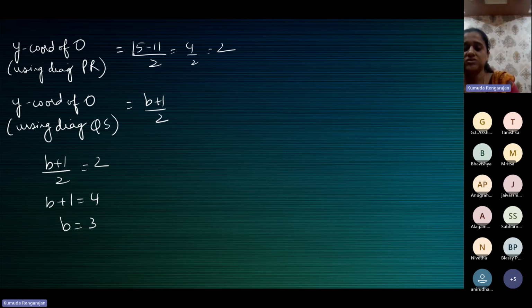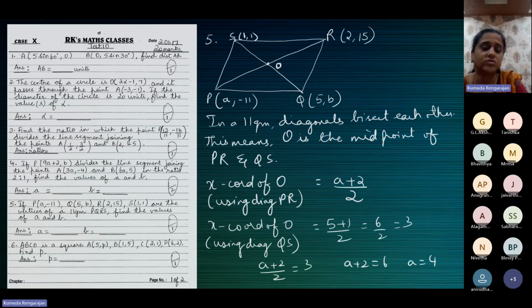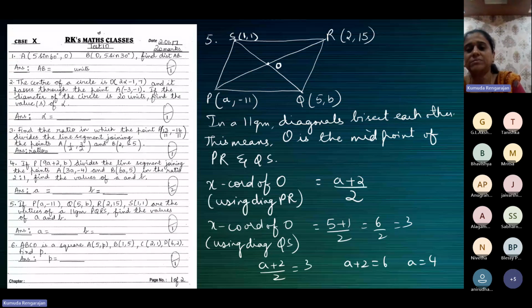Okay. Finished writing, children? Yes, ma'am. So what's the question? It's given that PQRS is a parallelogram, and we have to find the missing coordinates A and B. So here we use the midpoint formula. O is the midpoint of both the diagonals. You can find the x coordinate and y coordinate separately.